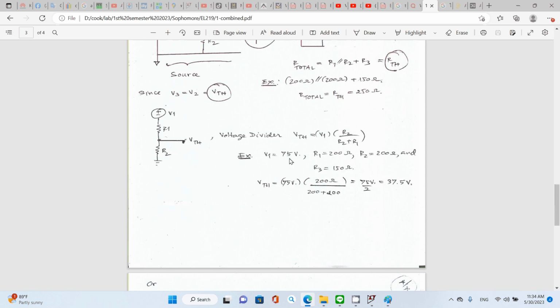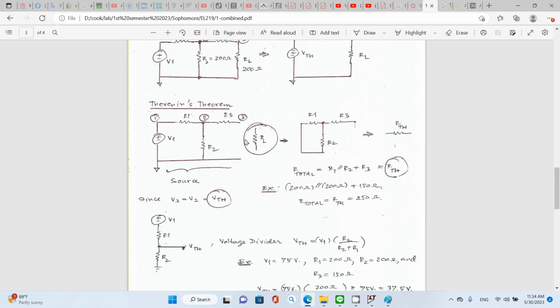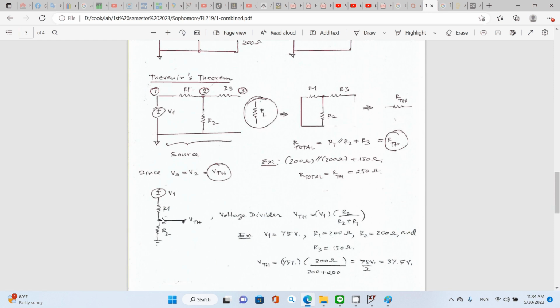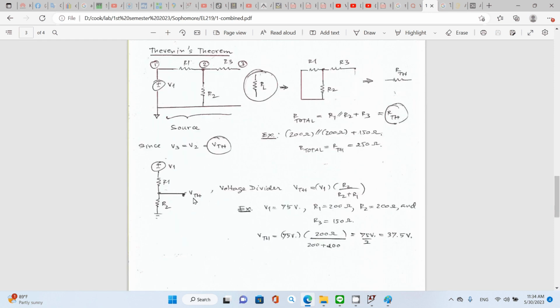Okay. And now take a look at V1. As I mentioned earlier, since you remove your load resistor, you end up with the circuit like this. Your VTH simply becomes the voltage divider of V1. So VTH equals V1 multiplied by R2 divided by R2 plus R1.